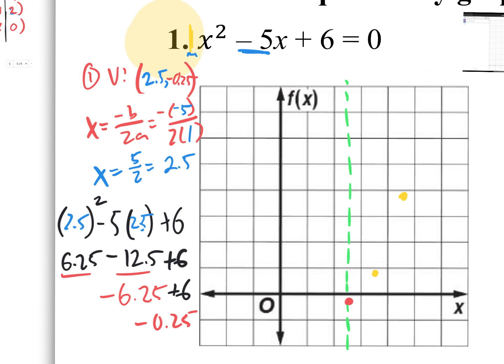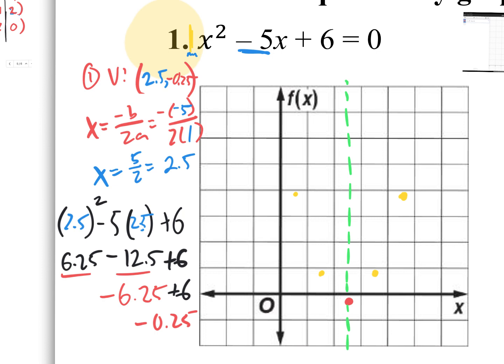I could map them over to the other side. That is halfway and halfway. So halfway and halfway would be right there. And then this one, 1 unit, 2 units, 1 unit to that halfway point, 2 units to that halfway point. This is really, really gross.